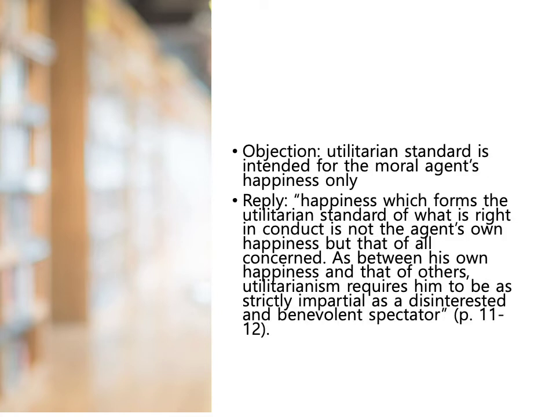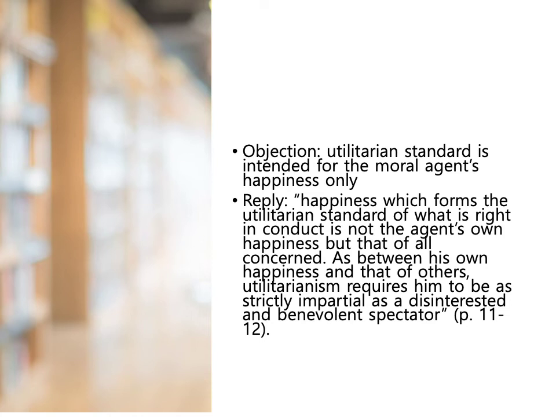The second objection that I want to mention, and this is also entertained by Mill, is this. The utilitarian standard is intended for the moral agent's or individual's happiness only. And in response to that, he says, "Happiness, which forms the utilitarian standard of what is right or wrong in conduct, is not the agent's own happiness, but the happiness of all concerned."